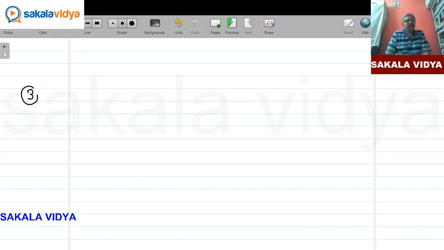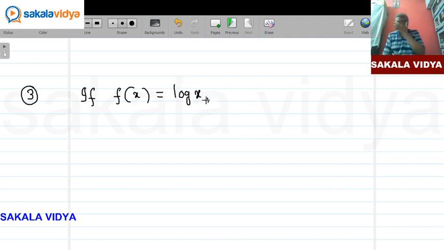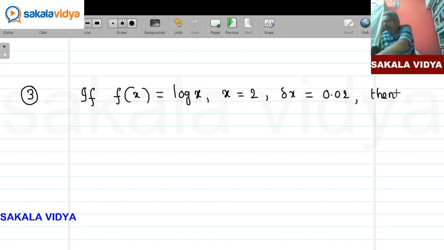Next, third question. If f of x equals log x, x is equal to 2, delta x equals 0.02, then what we need to find out here? df is equal to question mark.